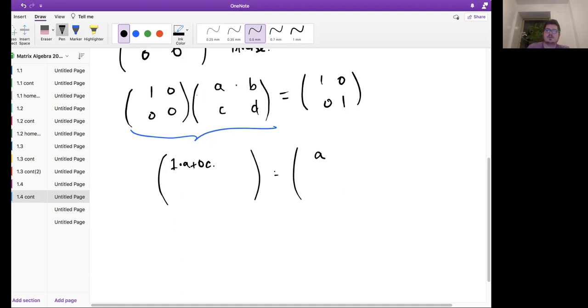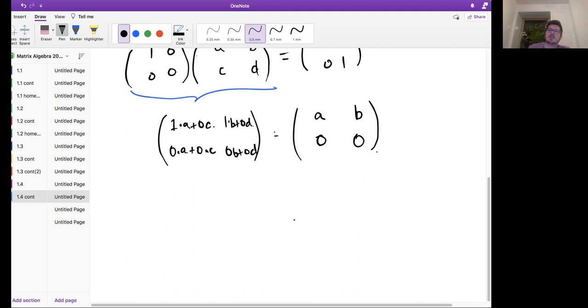And then how about the 1, 2 position? 1B plus 0D. Yeah, so it's B. How about the 2, 1 position? Zero, yeah: 0A plus 0C. In the last position, 2, 2, also 0: 0B plus 0D.